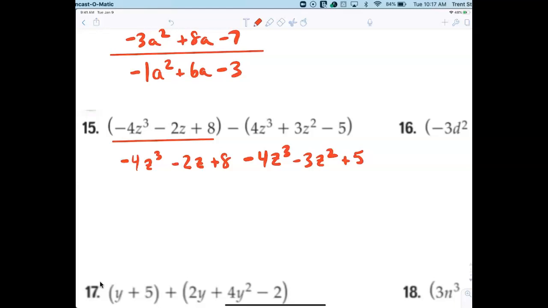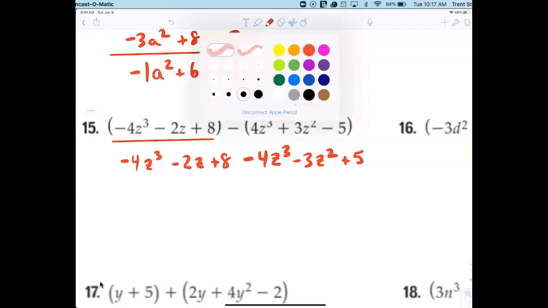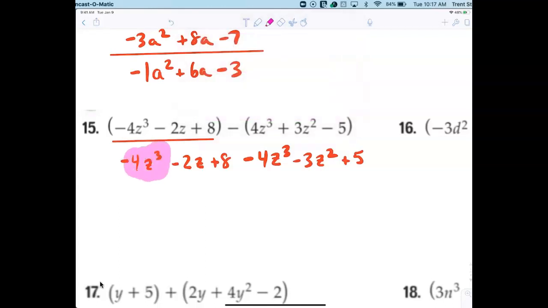Everybody agree? Now I'm just going to highlight this guy. And this. Does everybody agree? Those are the same. How many is that? Negative 8. So we're going to write down negative 8z cubed.